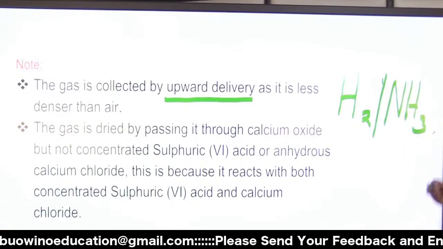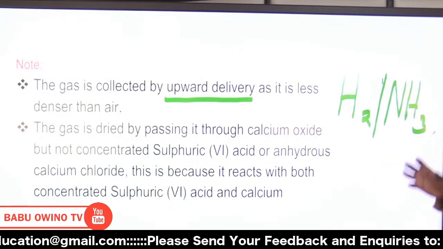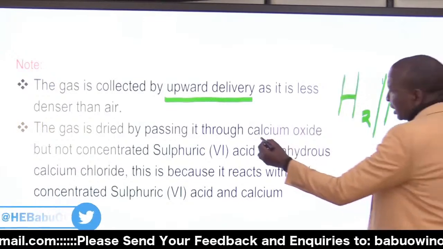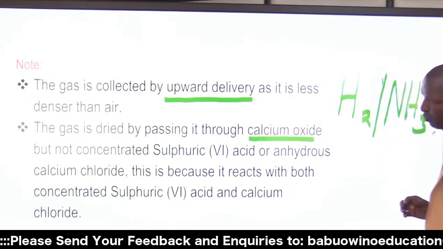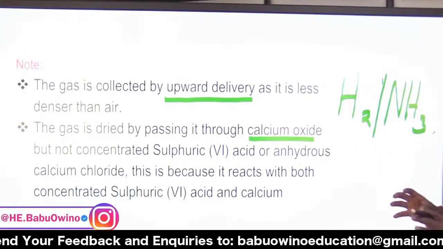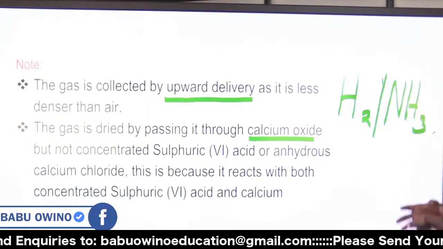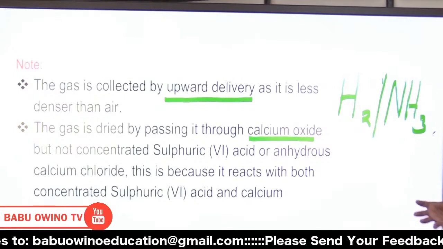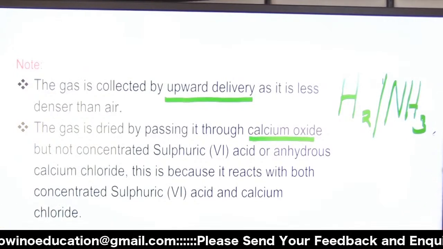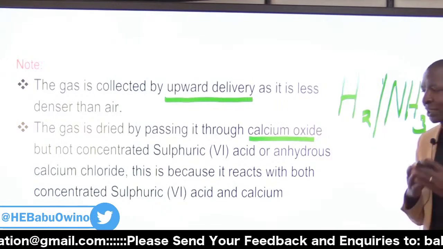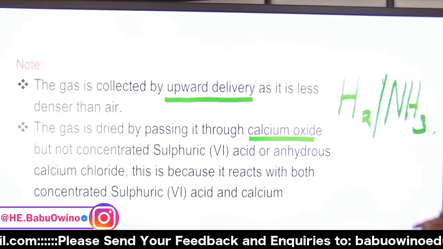Another important point is that the gas is dried by passing through calcium oxide, but not concentrated sulfuric acid or anhydrous calcium chloride, because it reacts with both concentrated sulfuric acid and calcium chloride.